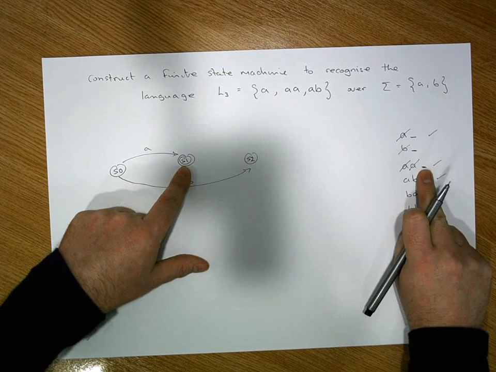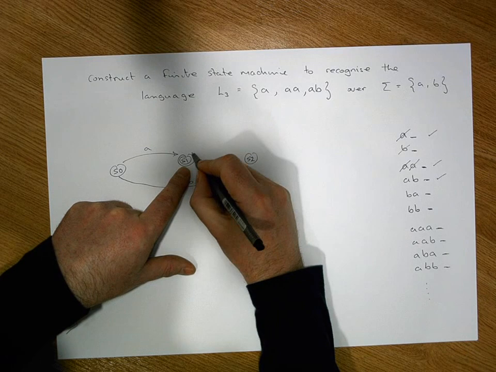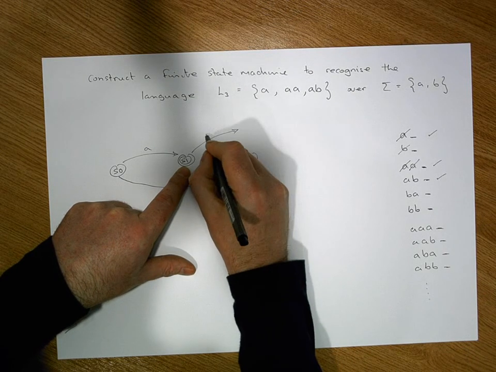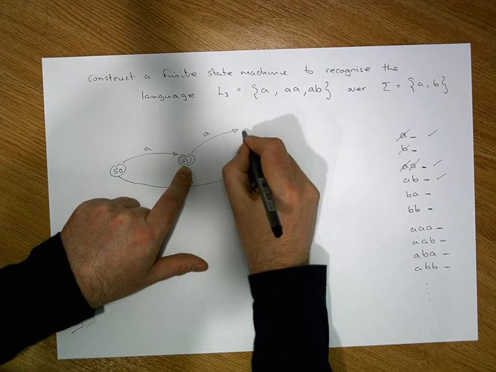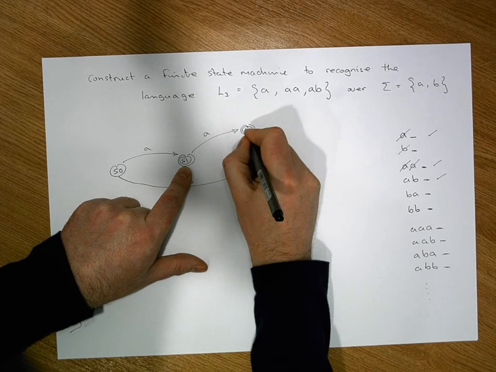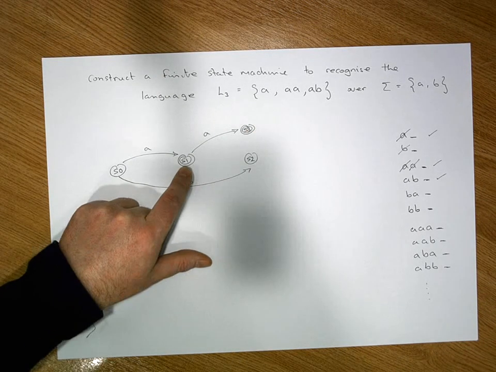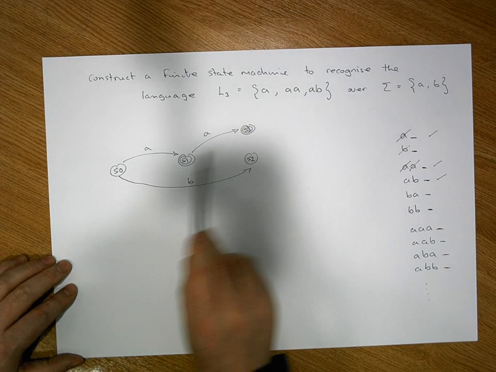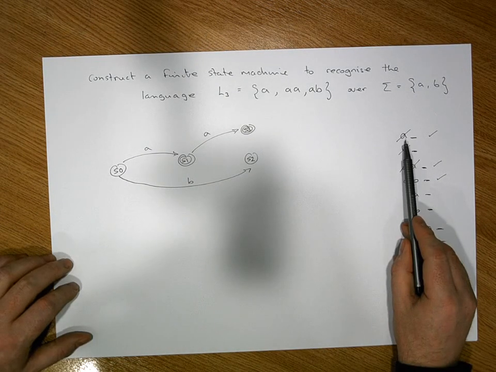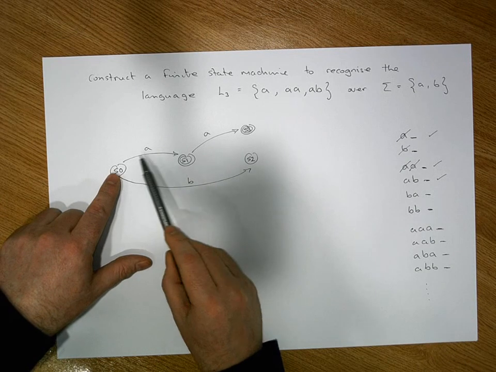So what we really need to do is take this machine into a final state when we consume 2 A's in a row. Let's call this final state S3. So at this stage, this machine recognizes an A, because when we consume an A, we're in a final state.